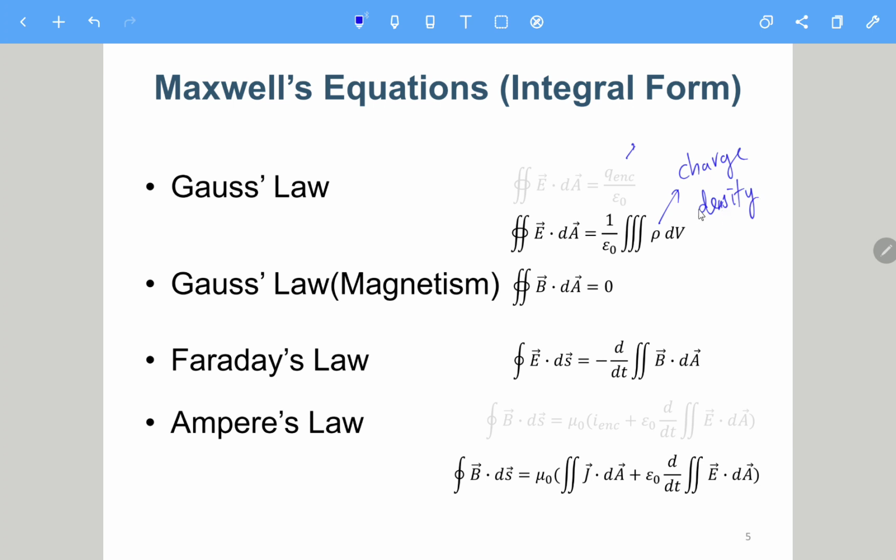If the charge density is uniform, the total charge is nothing but the charge density multiplied by the volume. But here, we consider that the charge density might not be uniform, so we use a triple integral to stand for the total charge amount.